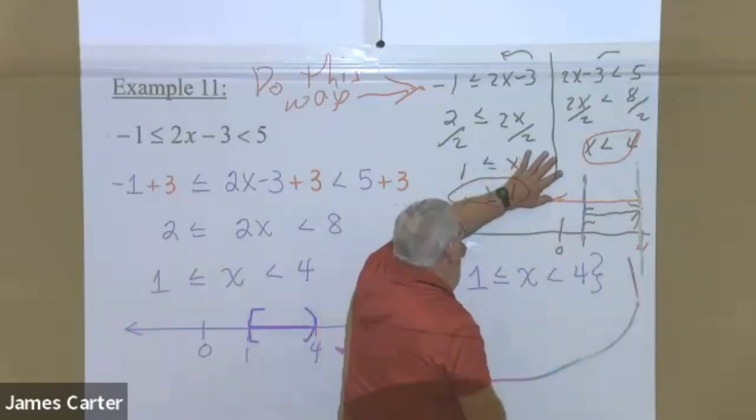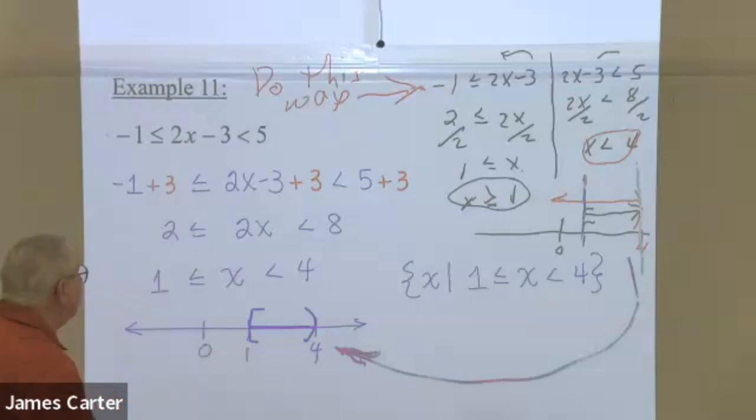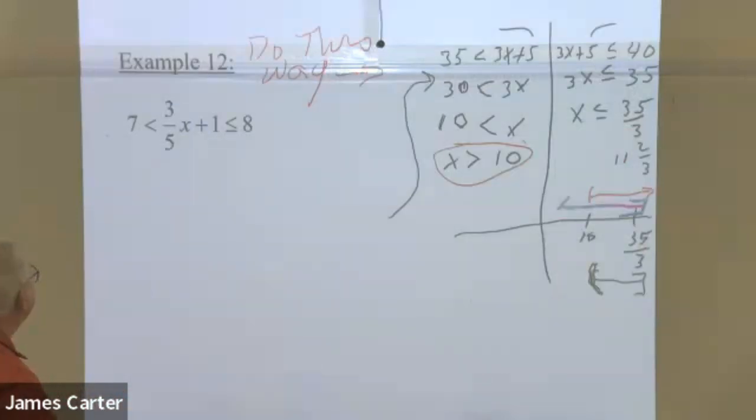Now, this is the way I want you to practice doing it. I don't want you to get in the habit of doing it that way. Again, do this way, break it into 2 problems.